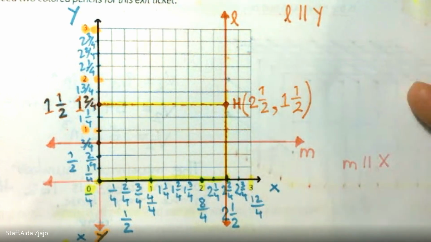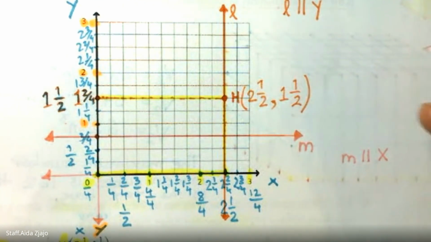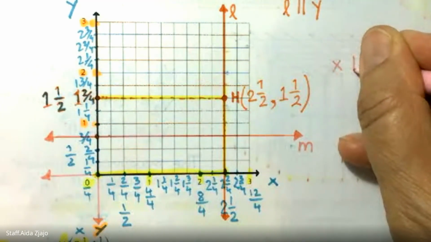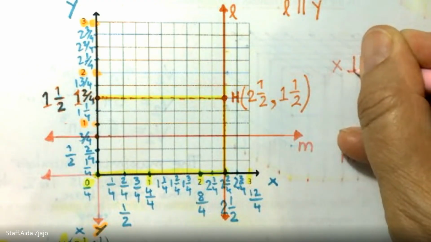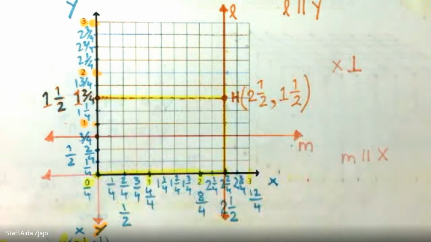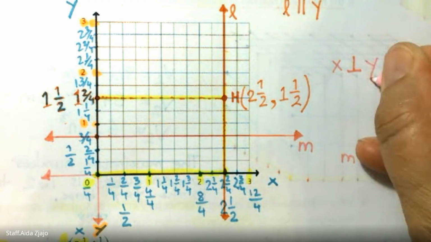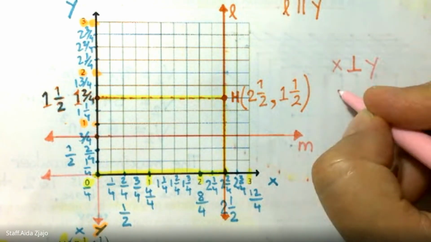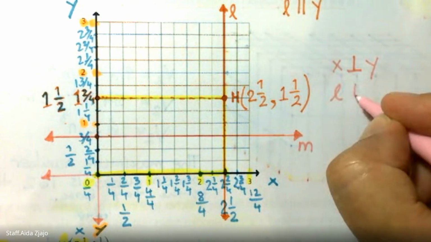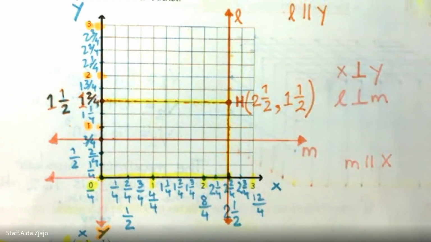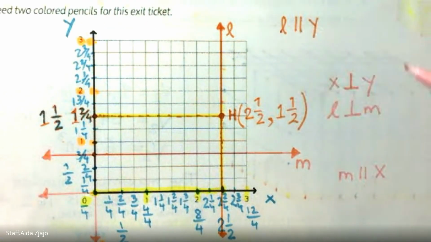The symbol for perpendicular is an upside-down T. So x is perpendicular to y, and also L is perpendicular to M. That's kind of neat to know. This is the parallel sign. This is the perpendicular symbol.